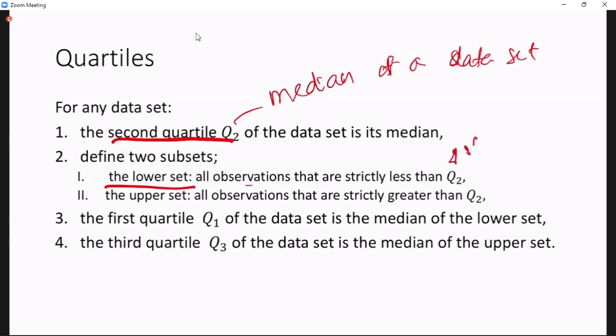That means the first half. The upper set means all observations that are strictly greater than Q2. That means the second half. Because I told you, the median splits the data in half. The mid value of the first half is Q1, and the mid value of the second half is Q3. The third quartile, Q3, of the data set is the median of the upper set.